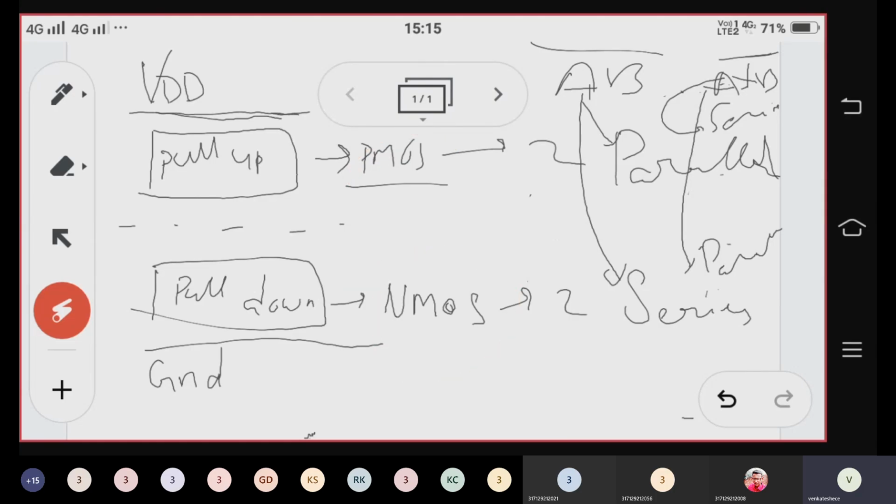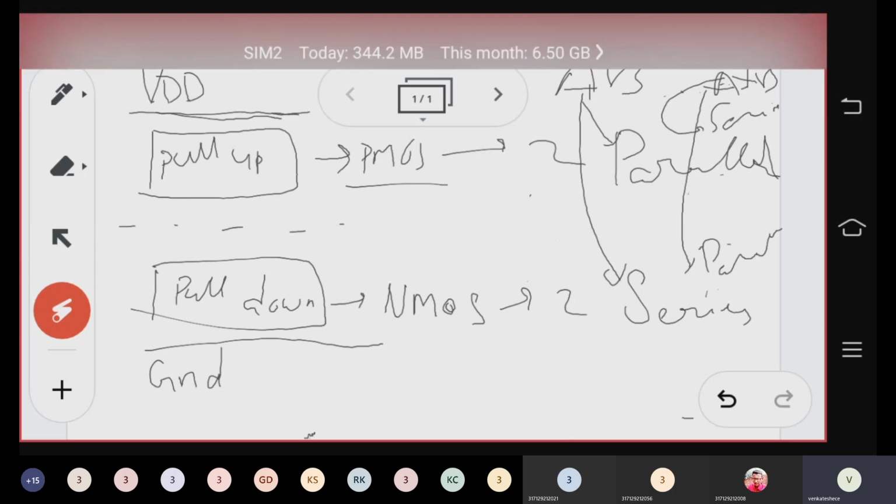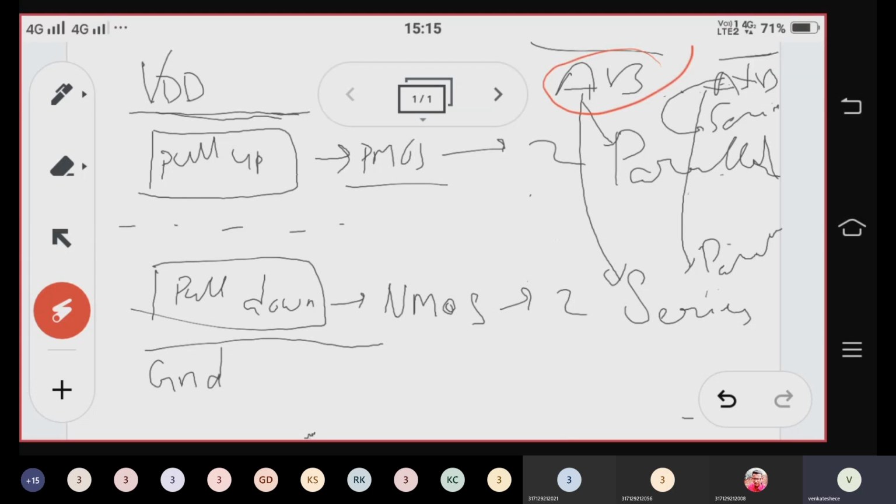Coming to the output equation, let us consider our output equation is A B bar. It means in our output equation we have two literals. That's why we require two PMOS transistors to design a pull-up network as well as two NMOS transistors to design a pull-down network.